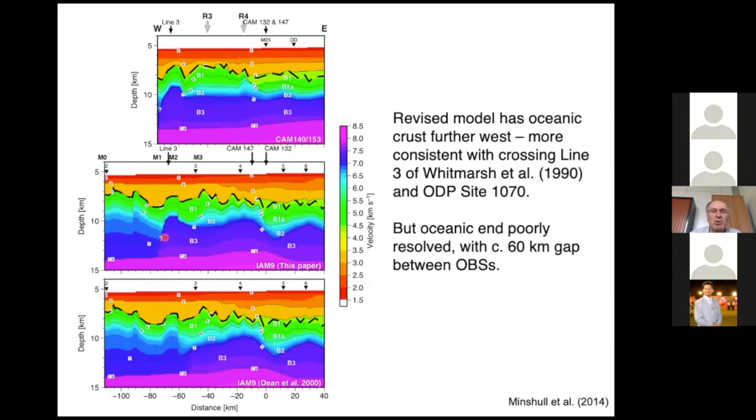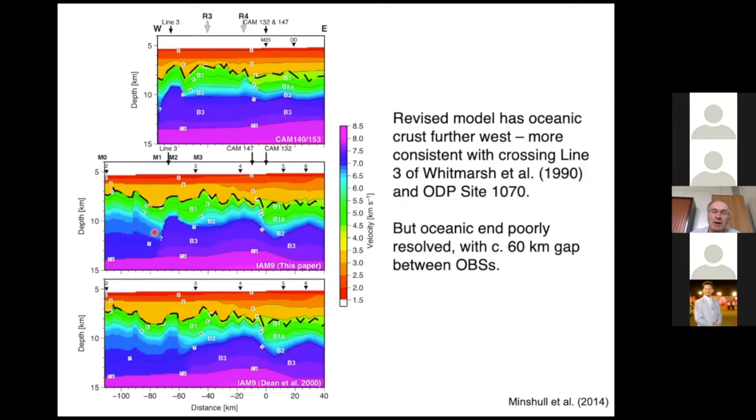Part of the problem is that we lost a few instruments in here, so there's a 60-kilometre gap between instruments that we have data from. So it's all pretty poorly resolved in here. If we make this boundary a bit further west, then we're a bit more consistent with both an old crossing profile from the 1980s, this line 3, and also with the results of the drilling, which is not on this profile, it's further north.